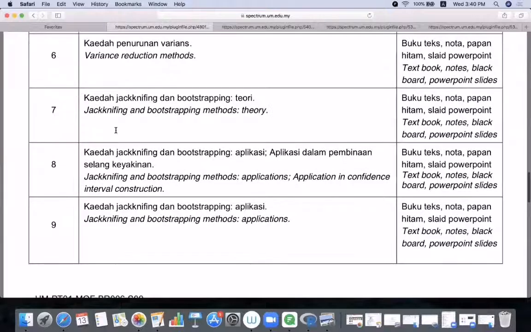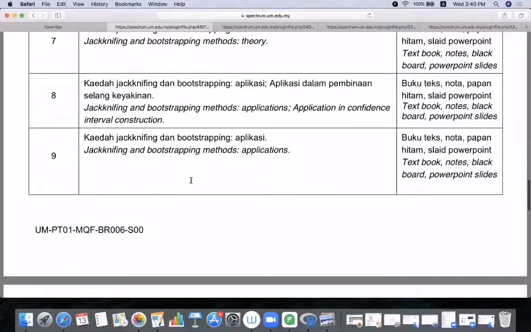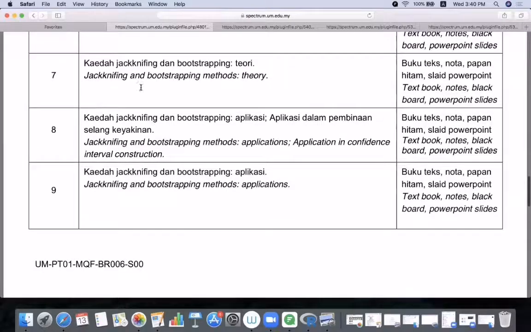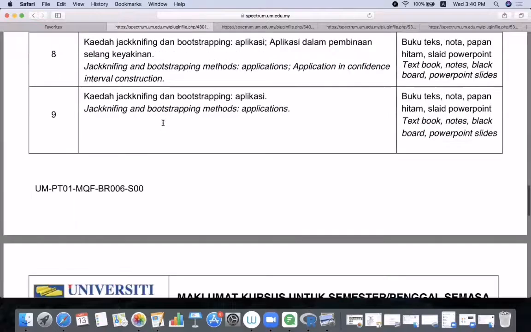So this one we can actually cover quite quickly, right? The theory, the algorithm, is actually quite simple. And then there's something on permutation tests, all right? Which I will talk about later. So next week, actually I think we don't need 3 weeks for this, maybe 2. Okay.